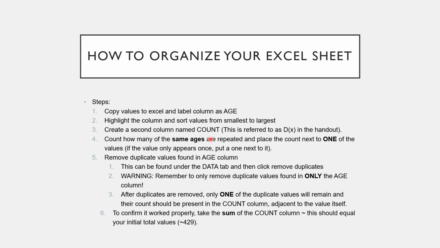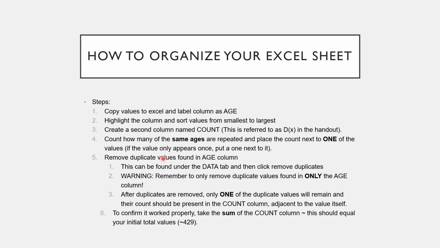You're going to create a second column named count, which in your handout they refer to as dx, x being age. Then you will count how many of the same ages are repeated and place the count next to one of the values. By that I mean, if you're going through your list with everything in numerical order, 0 to 90-something, you might see you have 5 individuals at age 0 who died in this given location.